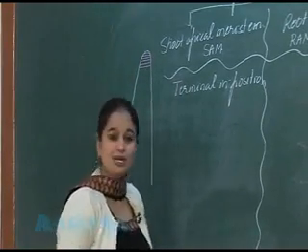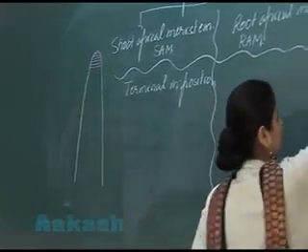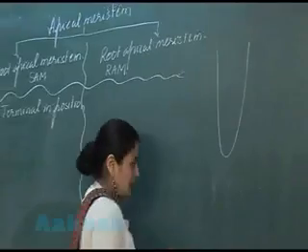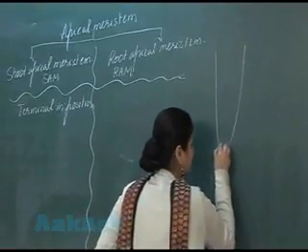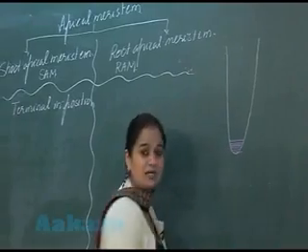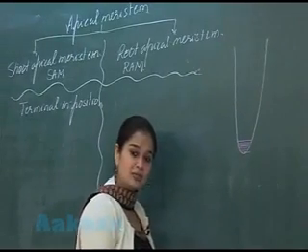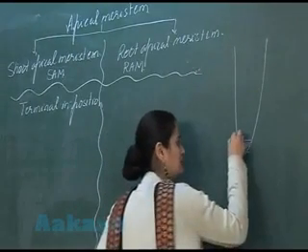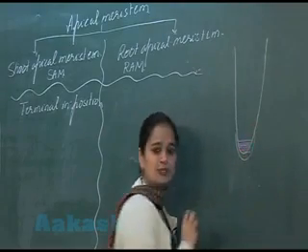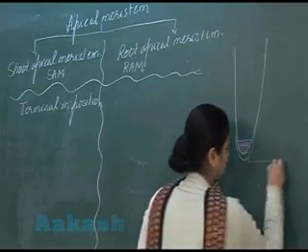But what about the root apical meristem? Let's say this is a root. Yes, this is root apical meristem. But now this root apical meristem, it is protected. It is covered. It is protected with the help of covering.